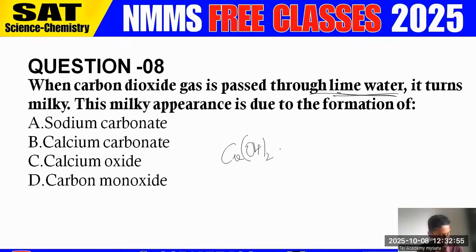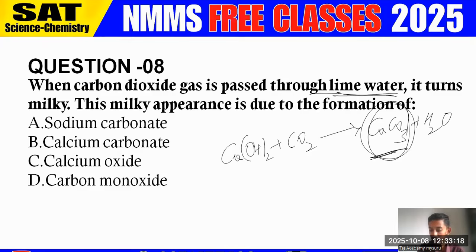If excess carbon dioxide is passed through lime water, calcium hydroxide, it will form calcium carbonate along with water. So in this reaction, we will get the product calcium carbonate.